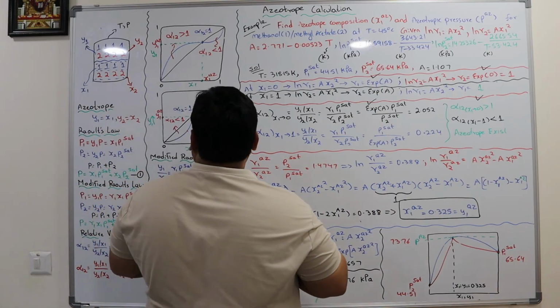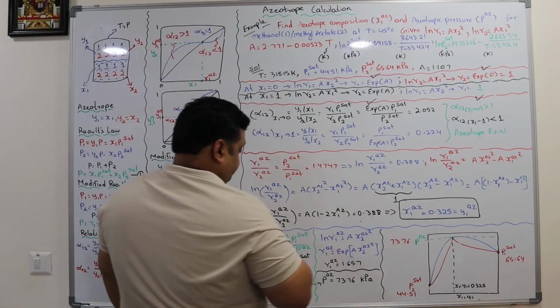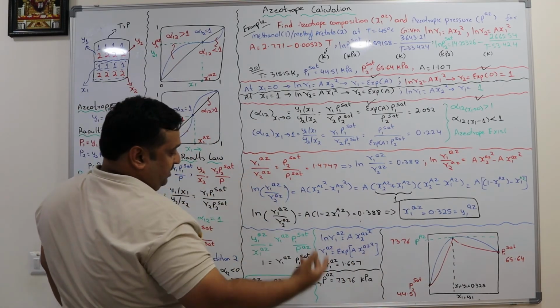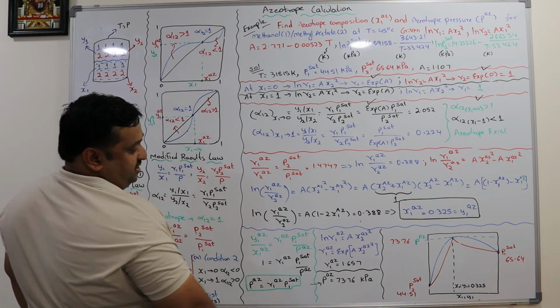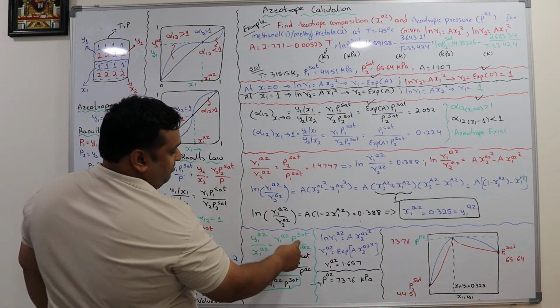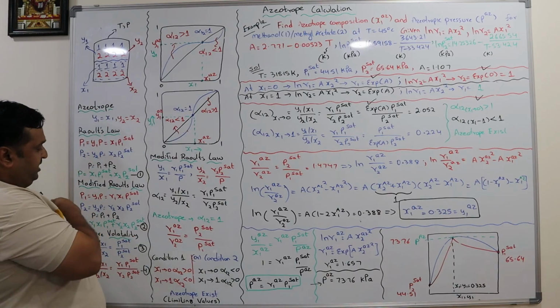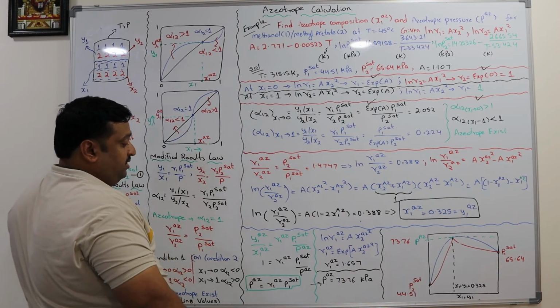So now we have found out the azeotropic composition. Let us find out the azeotropic pressure. Azeotropic pressure can be calculated using the same formula. y1 azeotrope by x1 azeotrope is nothing but gamma 1 into P1 sat by P. That means we are using the modified Raoult's law formula for the case of azeotrope.